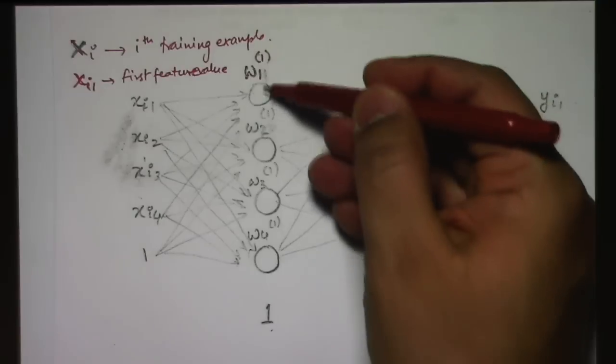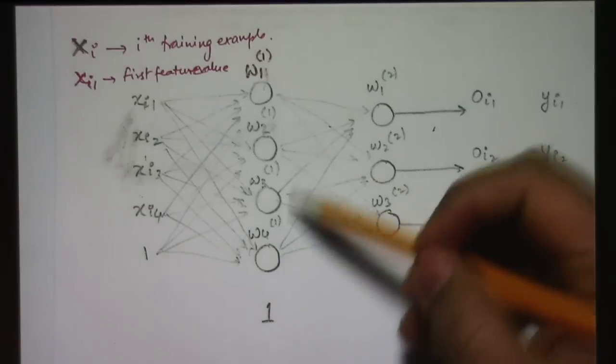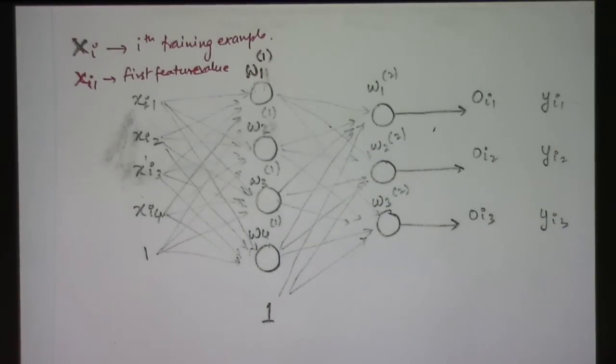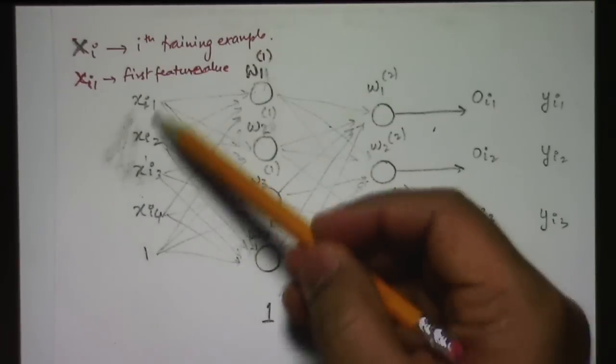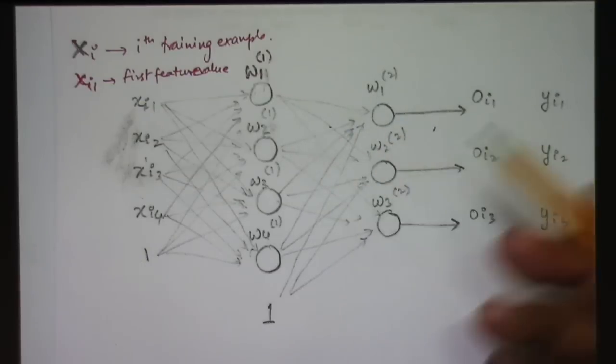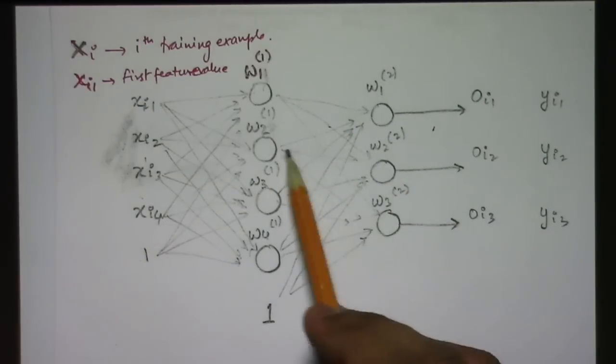There will be 4 hidden units, and then there's the bias term. What these will do is take all of these inputs, compute W transpose X, and then compute the sigmoid transformation and pass it on here.